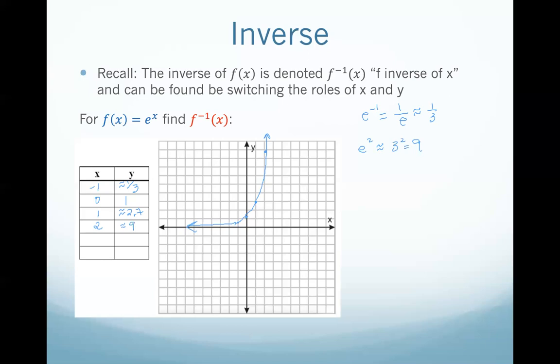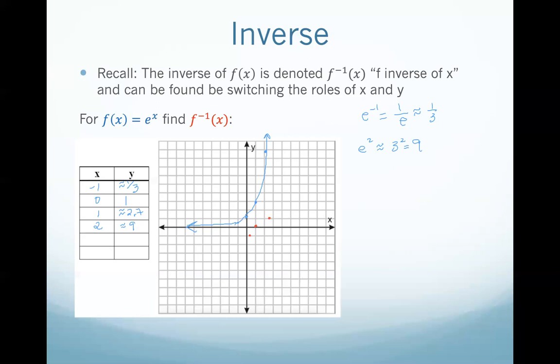To find the inverse, the opposite, means I'm switching points, right? So I had the point -1 comma 1/3. My inverse point will be 1/3 comma -1. I had the point 0, 1. My inverse point is 1, 0. I had the point 1 comma 2.7. The inverse has the point 2.7 comma 1.